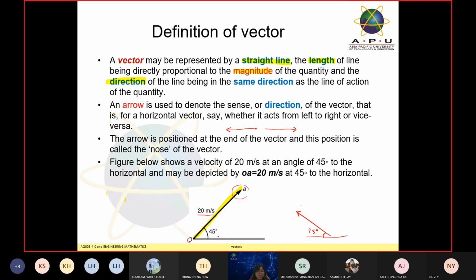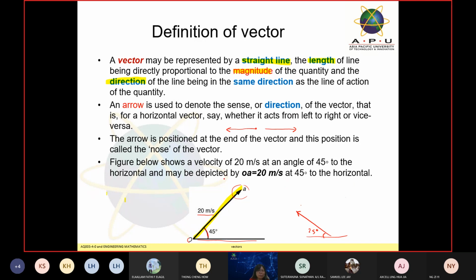Can you see how they measure this 45 degrees? It is to the horizontal line. It may be depicted by OA equals 20 meters per second at 45 degrees to the horizontal.